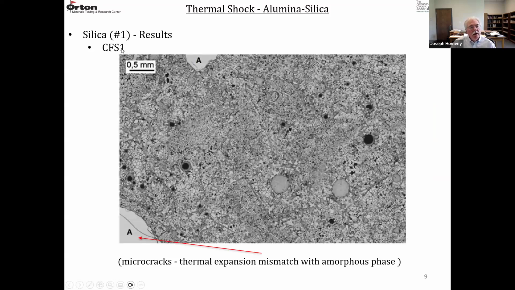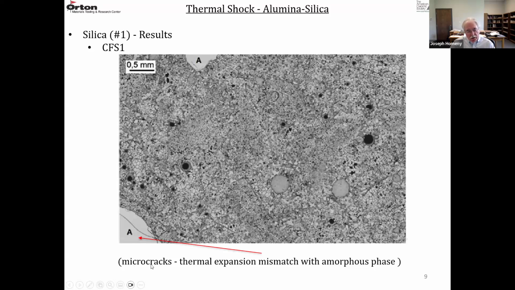So this is a crystallized fused silica material, CFS1. These lighter regions, they're marked A. There's some over here. They're residual amorphous material. The rest of the material is crystallized, and this one happened to be in the form of cristobalite. So it's pretty fine crystalline structure with some residual amorphous materials.